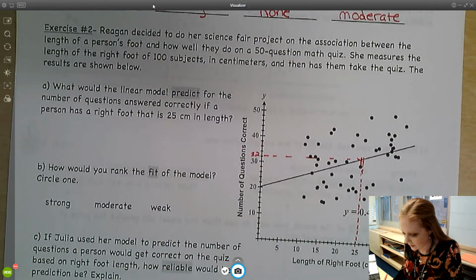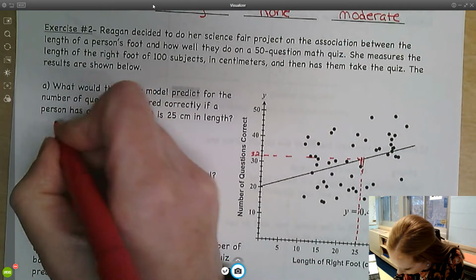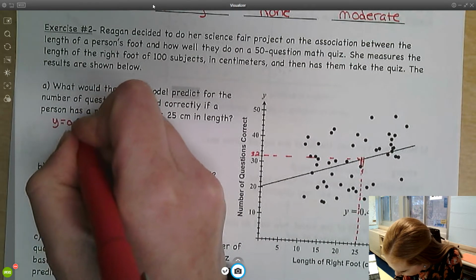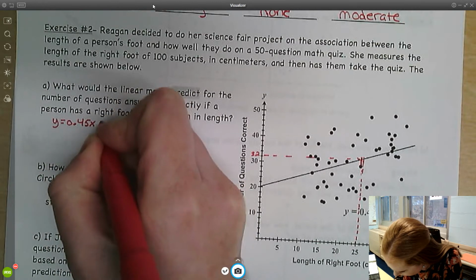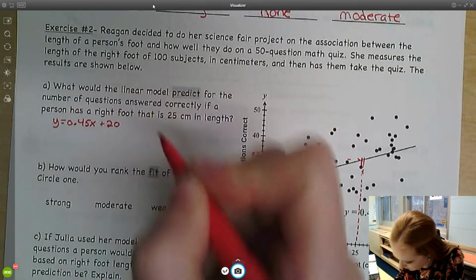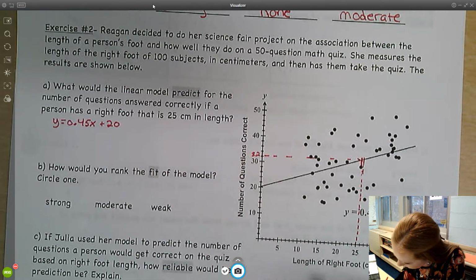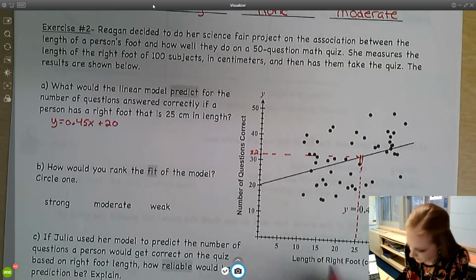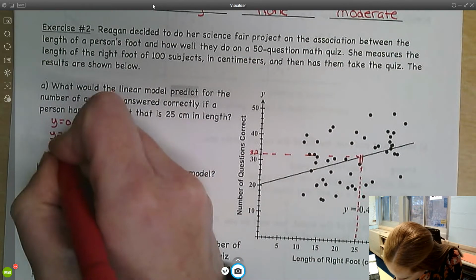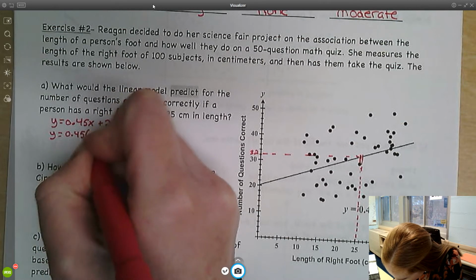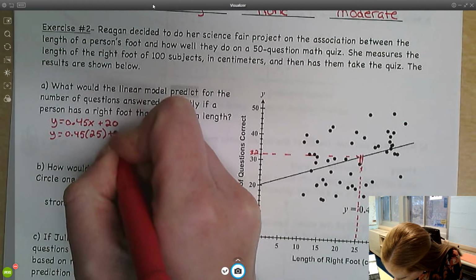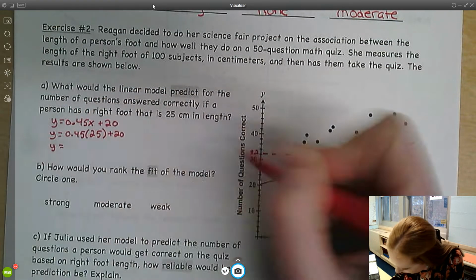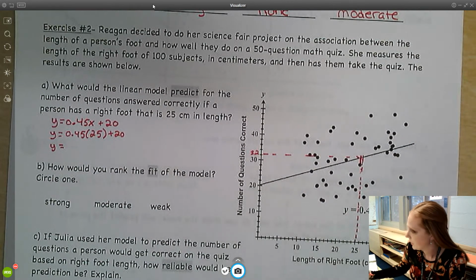We could figure it out exactly by using y equals 0.45x plus 20, our equation of a line for the line of best fit. 25 centimeters, that's going to be our x length. So if we plug that in, we should get our y, which is our number of questions correct, equaling about 32.